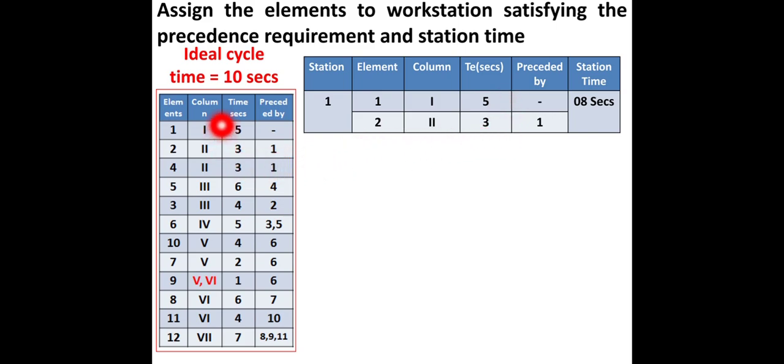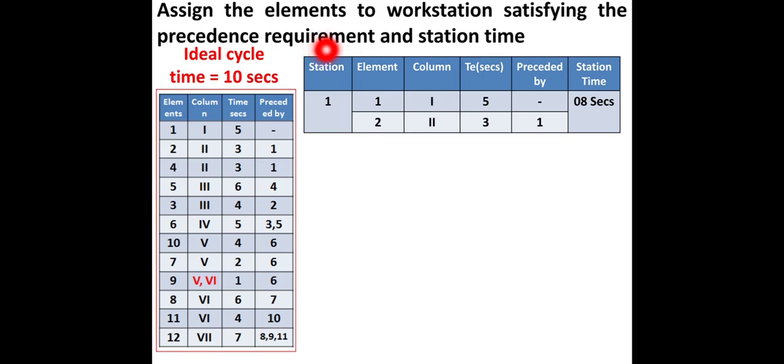Now I will come to the time column and check where I have 2 or 1, that is, less than 3 and more than or equal to 2, and less than or equal to 2. Now if you see, element number 7 is to be preceded by 6. Here 6 is not assigned. So these two elements do not satisfy the precedence requirement.